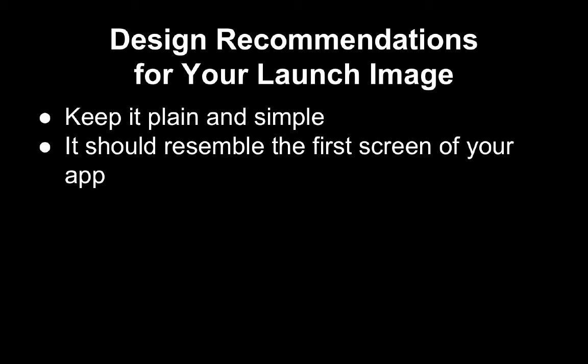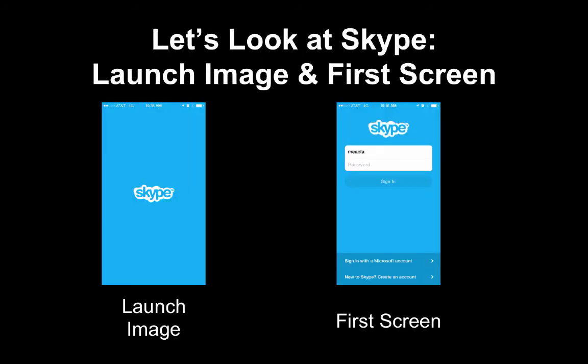So here's a great example of that. Note here that the launch image of the Skype app is a simplified version of the first screen of the Skype app. Right after the launch image pops up for a second or two, the first screen pops up, which in this case is the login screen.